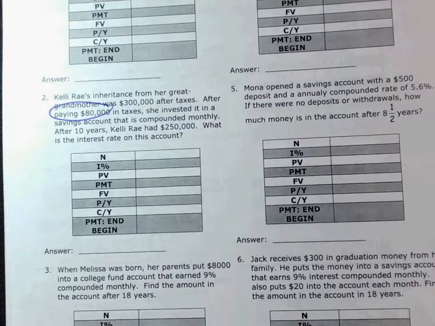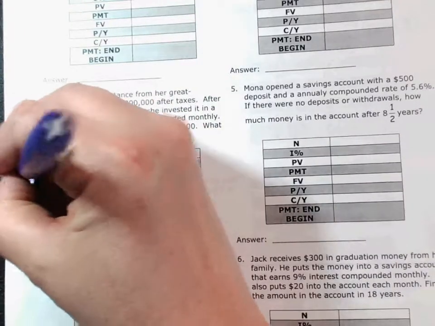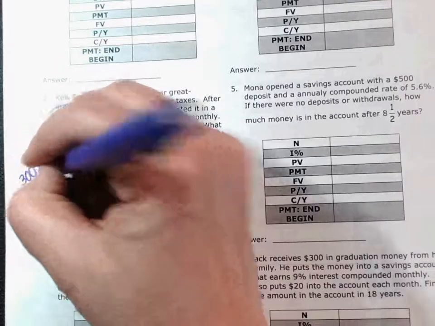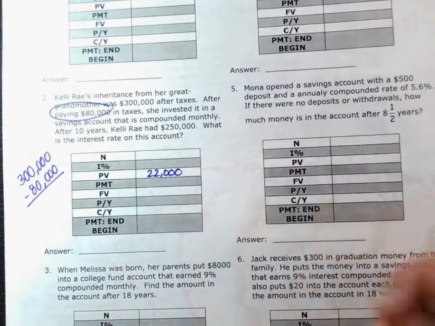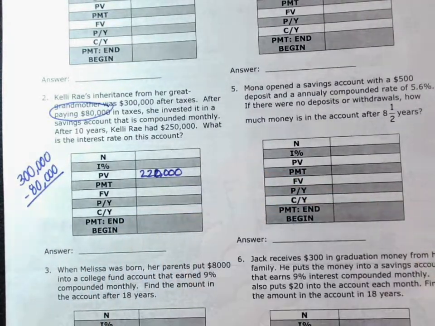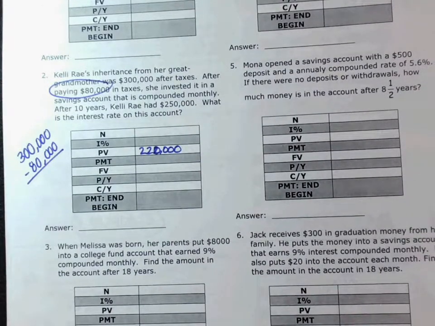What do you do to know how much your PV is? Okay, subtract. So $300,000 minus $80,000 in taxes. How much does she have left over? 220,000. Okay. So far, so good?